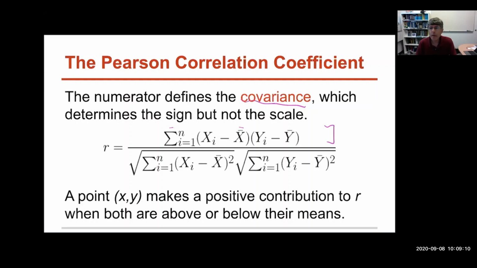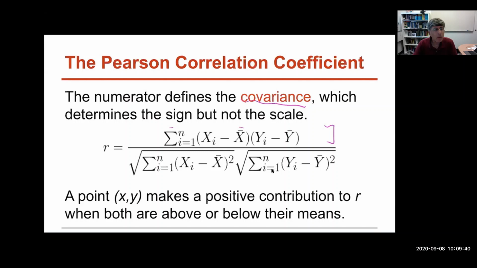If, on the other hand, they're in random orders, half the time it would be positive and half the time it would be negative. They kind of offset each other when you sum them up, and that's why you would get a 0. If they're uncorrelated, we would expect the numerator to go to 0.